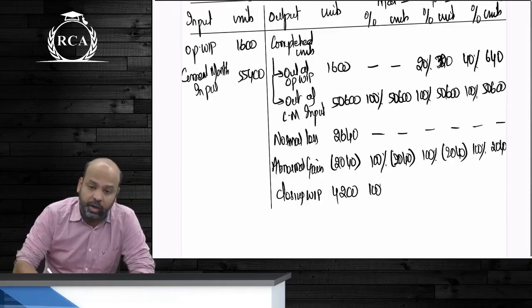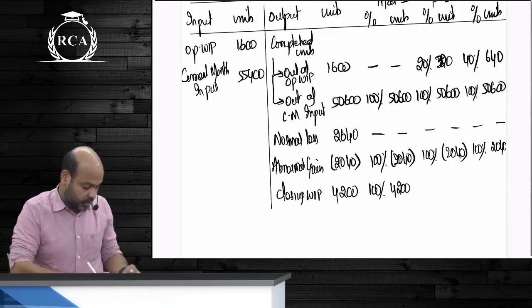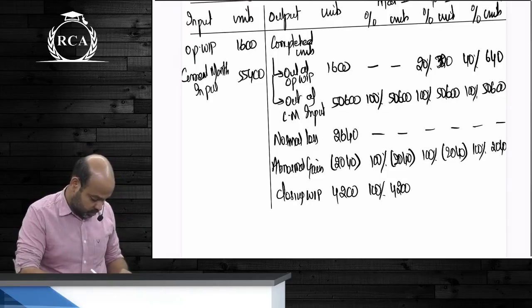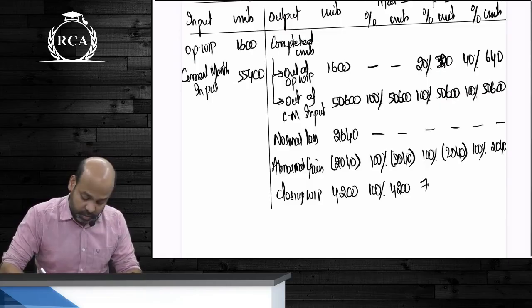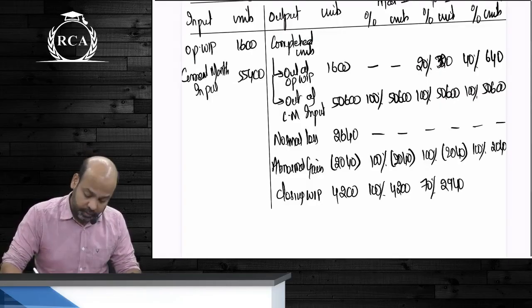Closing work in progress, material 1 beta would be 100%, and this would be how much beta? 70%. That will be 2,100.